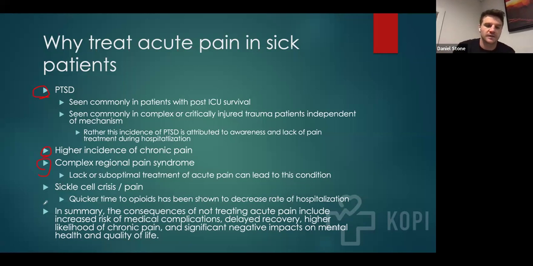I don't know how often you guys see this in the literature, but there's also a good amount of data for things like sickle cell crisis and other specific areas of acute pain that the quicker a patient gets an analgesic or even a narcotic medication, in some of these studies, it can prevent admission and actually decrease their stay. This has been especially shown in sickle cell, mostly with the US population and European population.